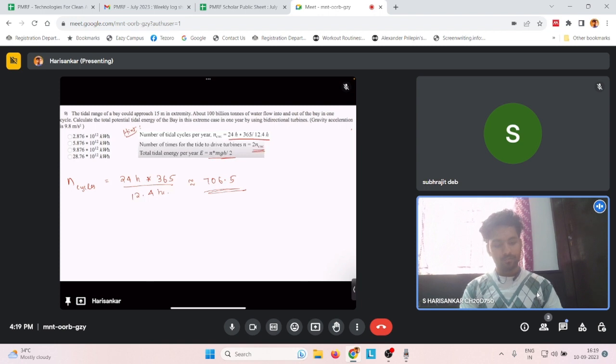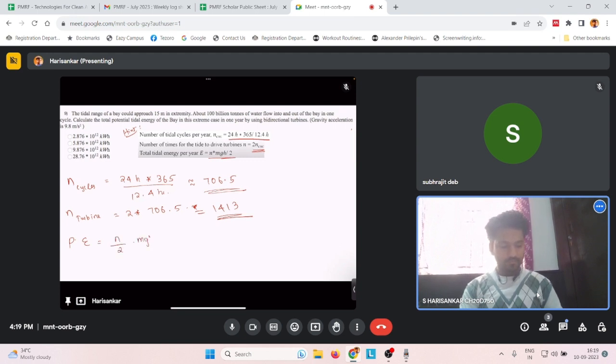And the number of times for the tide to drive the turbine will be 2 into this number. So n turbine will be 2 into 706.5. This will be 1413.